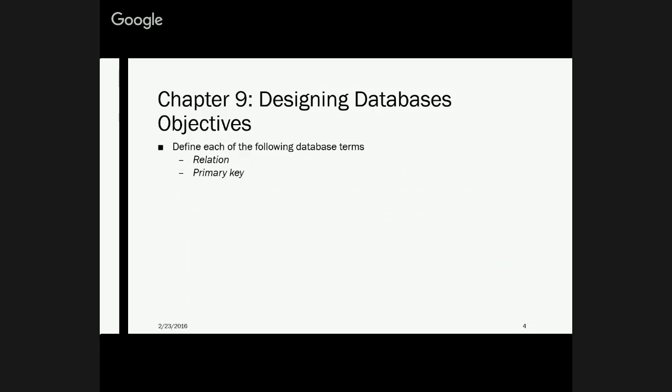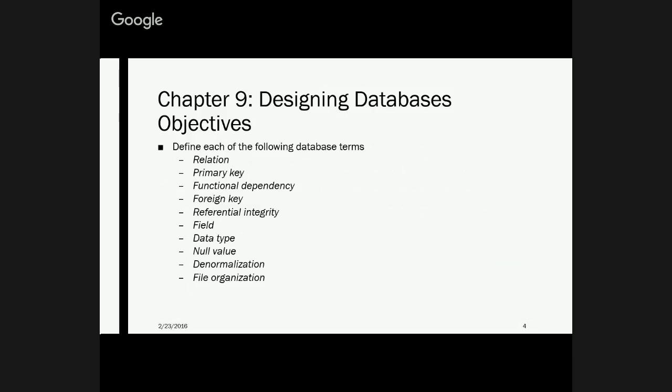But we'll talk about relation, primary keys, functional dependencies, foreign keys, referential integrity, fields, data types, null values, denormalization, file organization. This didn't really come up in our database text, but this is taking a look at what lies beyond. We just always say, well, you use the database management system.